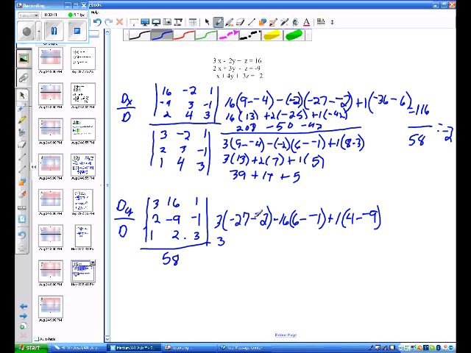So this is going to be 3 minus a negative is a plus times negative 25 minus 16 times 7 plus 1 times 13. So negative 75 minus 112 plus 13, and that turns out to be negative 174 over 58, which is negative 3.